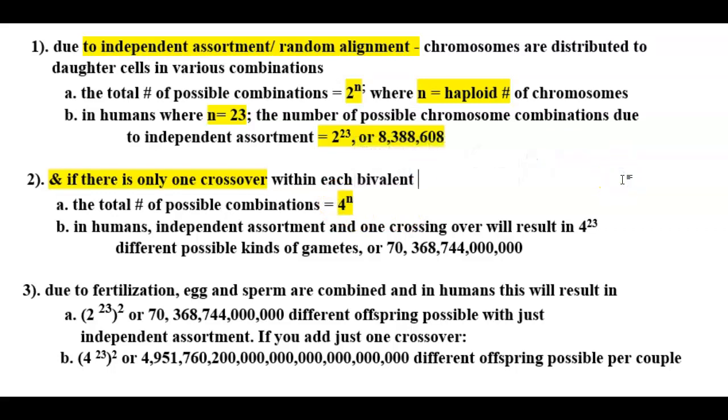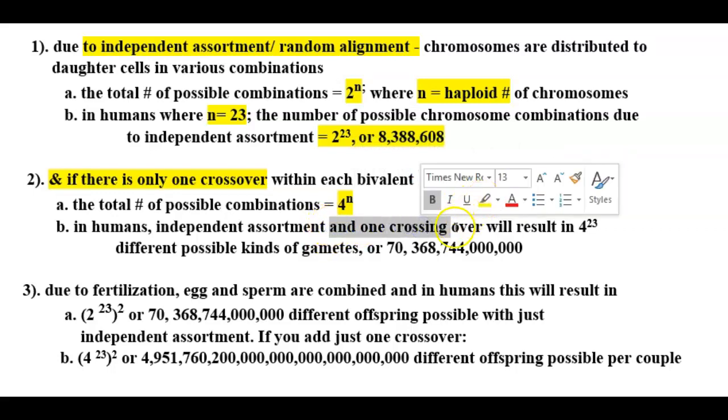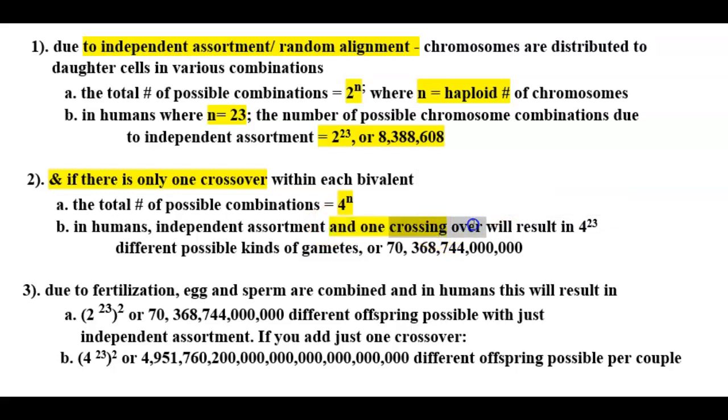In humans, with independent assortment, random alignment, and one crossover, usually there's going to be more, it will result in 4 to the 23rd different possible kinds of gametes. Look at this number, just one crossover. I'm not even going to read it.